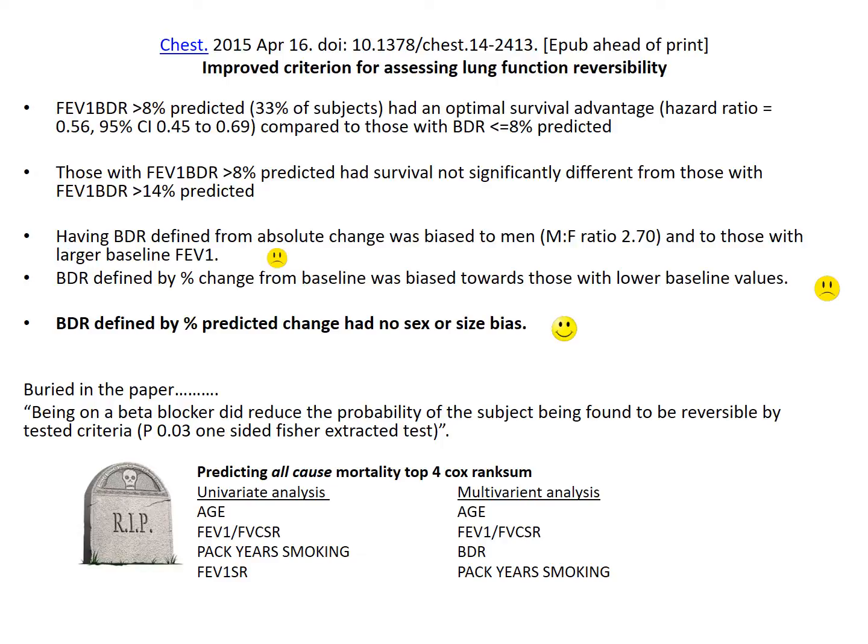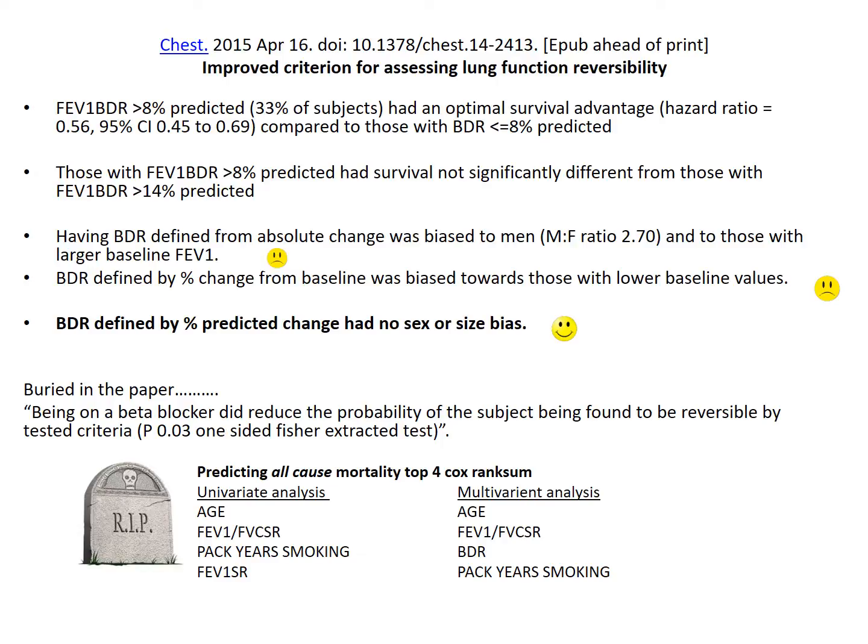And interestingly, if you'd had a response of 8 or more, it was as good as having a response of 14 at being alive 15 years on. The hazard ratio was about 0.5. So basically they were half as likely to be dead in the 15 years than the remaining 67% that did not have that magic or significant 8 response.